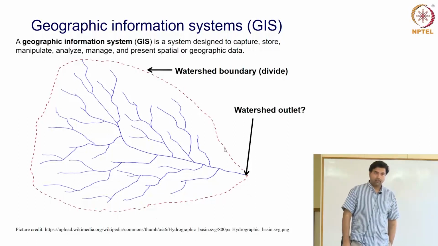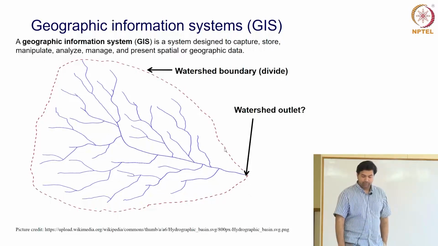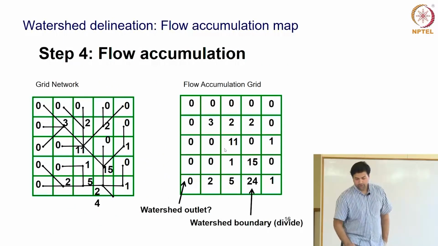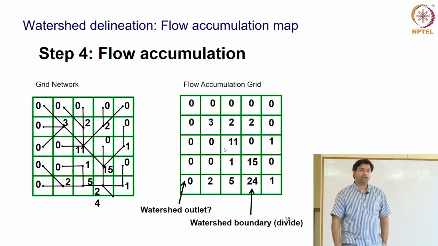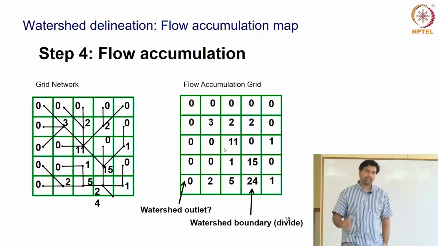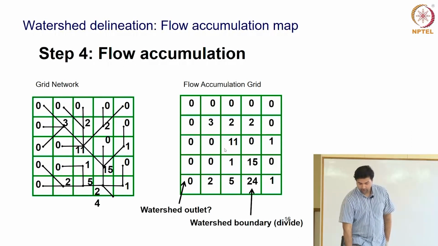So you can develop stream networks based on your flow accumulation grid. You can say that after about 20 cells drain into one particular cell, you can start forming some small, really minute streams. So you can set a threshold for the smallest stream that you want to track.